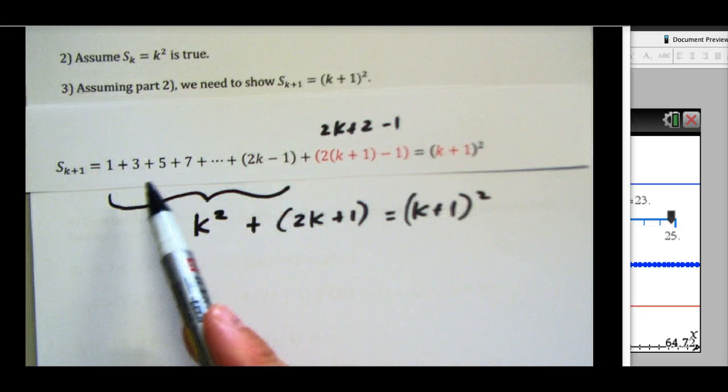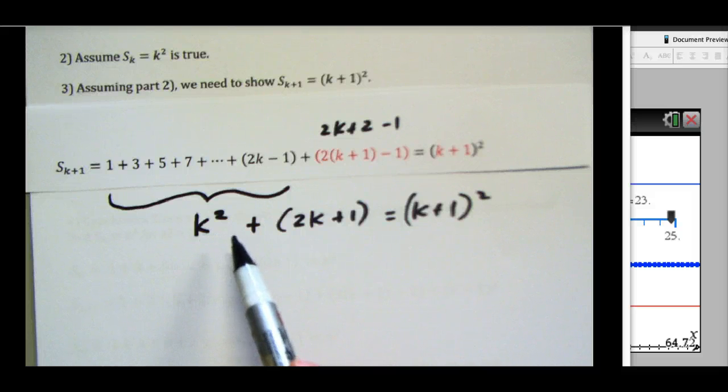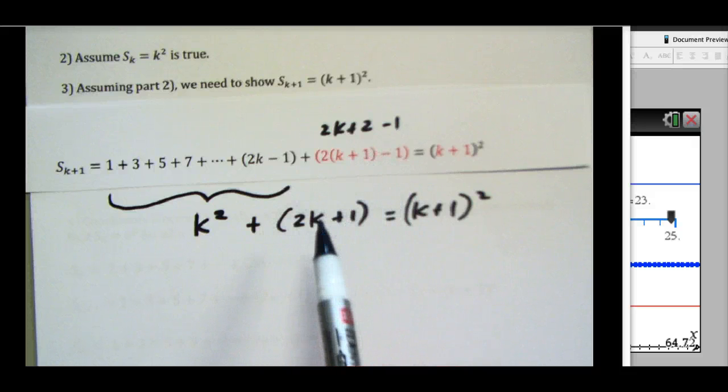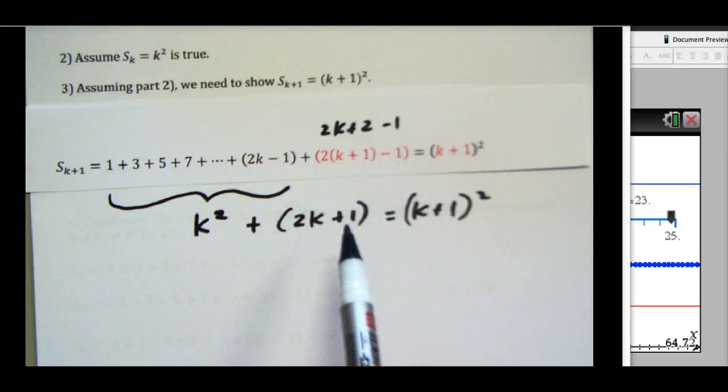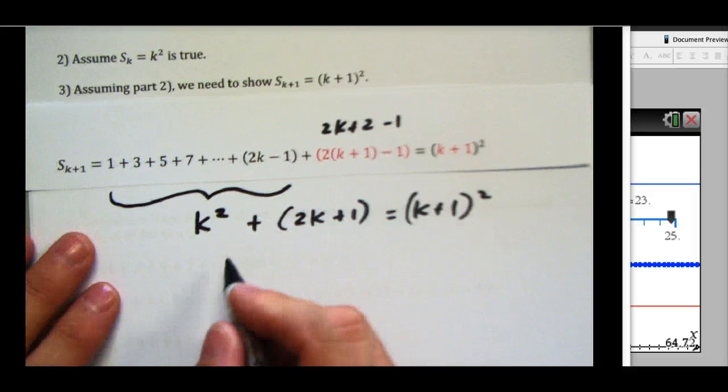So since this thing in the black is all equal to k squared, then I do plus, and I simplified this thing in the red here to 2k plus 1. And then I want to show that that is equal to k plus 1 quantity squared. So now it's just the algebra here. Well, this one isn't too bad.